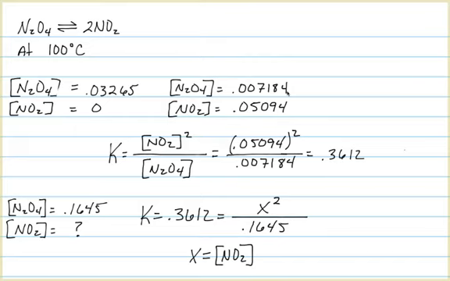If x is equal to our concentration of NO2, then we get a concentration of 0.2438 moles per liter. So at equilibrium, if we have a concentration of 0.1645 for dinitrogen tetroxide, our concentration of nitrogen dioxide must be 0.2438, and that is defined by our equilibrium expression and the value for K.